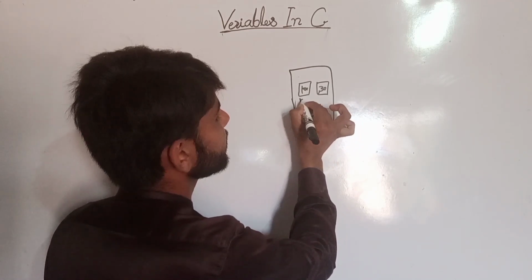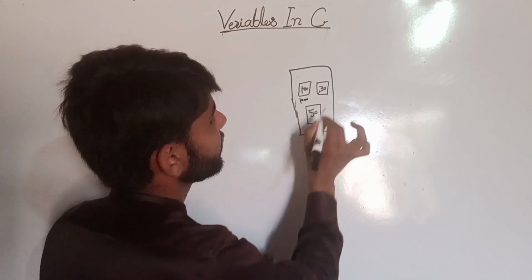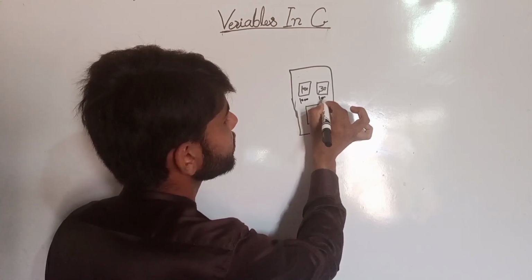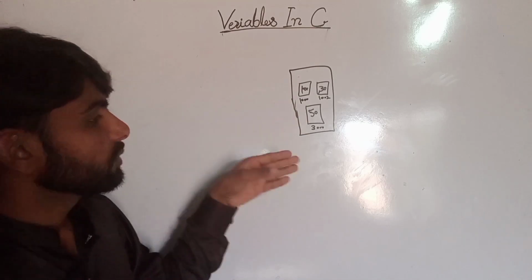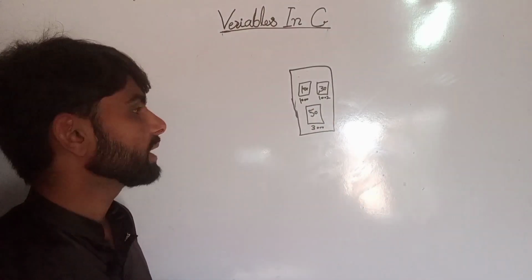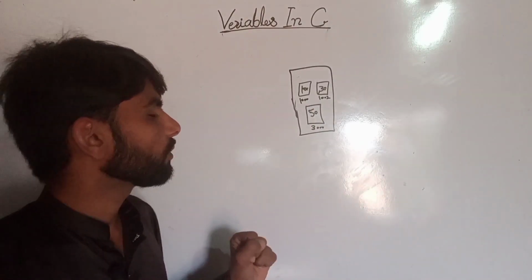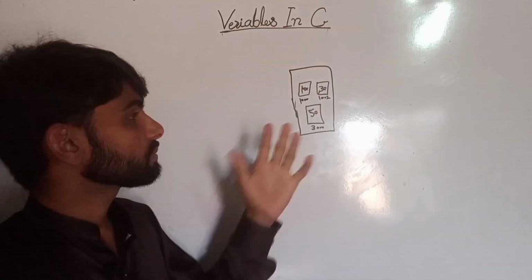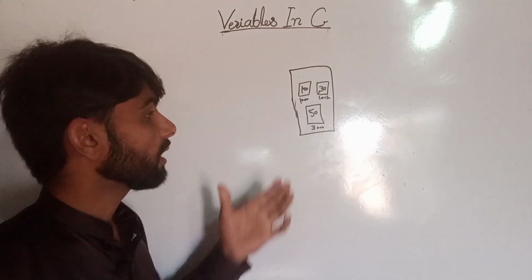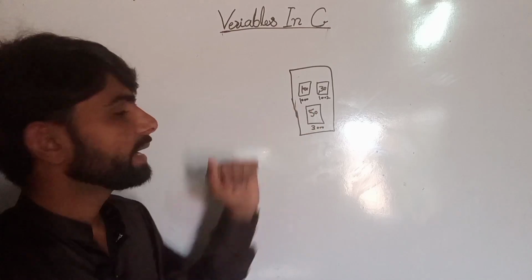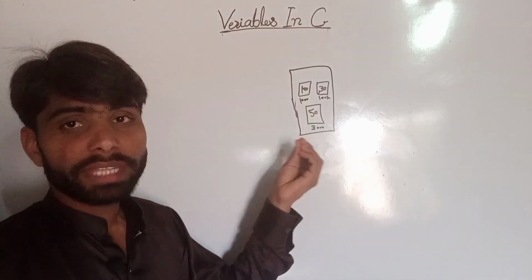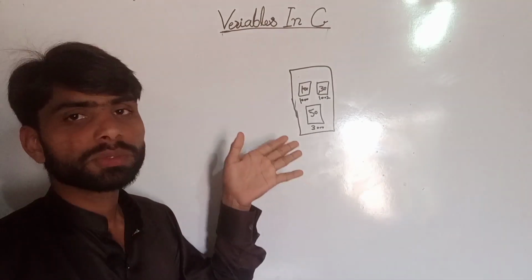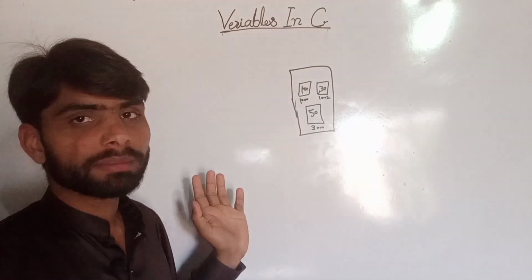For example, here the address is 1000, and here the address is 2000. So the memory gives these values random addresses, and the user does not know where the data has been stored. How will the user access the data? There is a need for names that the user knows, so the user can access the values by those names.